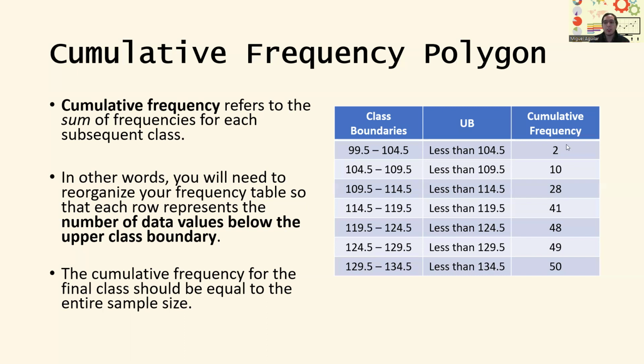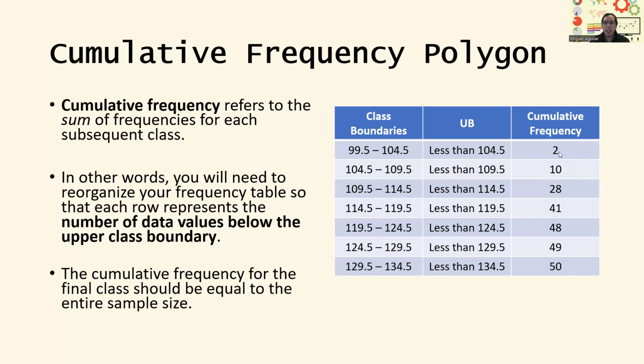And if we had a frequency of 2 in the first class, and a frequency of 8 in the second class of our original table, then if you add those together, we should be getting 10. So we're just adding up the class frequency before this class that we're working in right now, which is the second row. Okay.